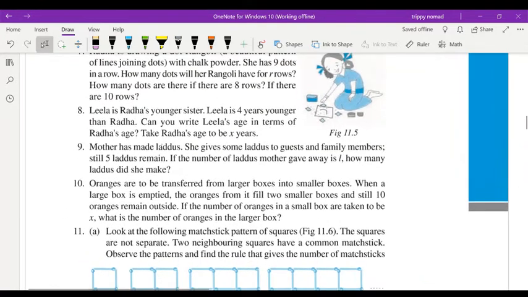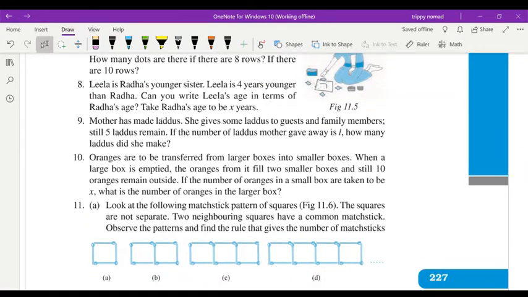Now question number 9. Mother has made laddus. She gives some laddus to guests and family members. Still 5 laddus remaining. If the number of laddus mother gave away is L, how many did she make?